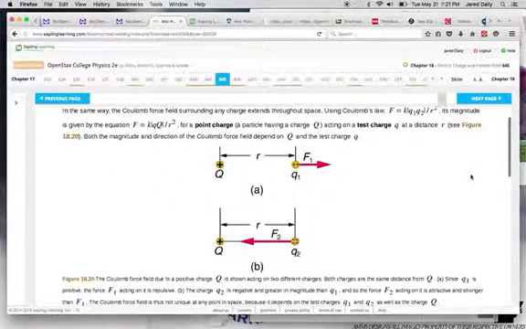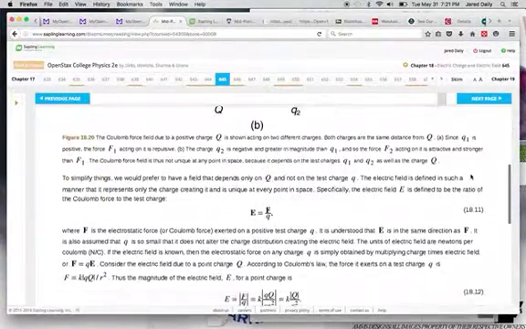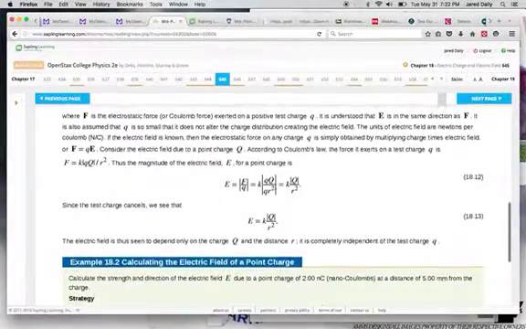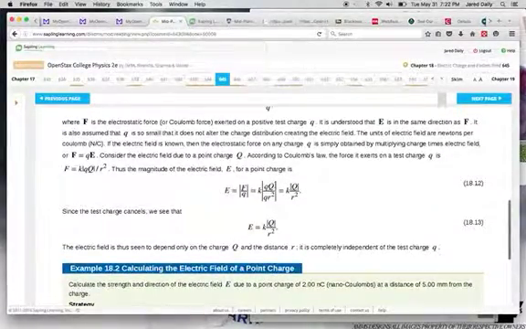and so we often define a field as what the forces could do rather than what they're actually doing at any particular point. The electric field then is defined by the force that a charge would exert divided by a charge that's in Coulomb's law. So if you take the force of Coulomb's law, which is k q1 times q2 divided by r squared, and divide out one of those q's.